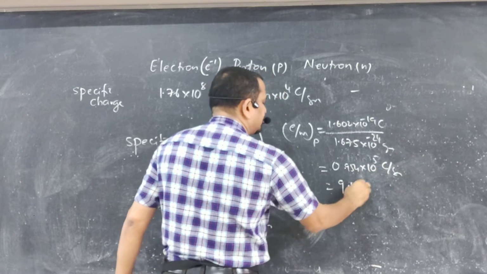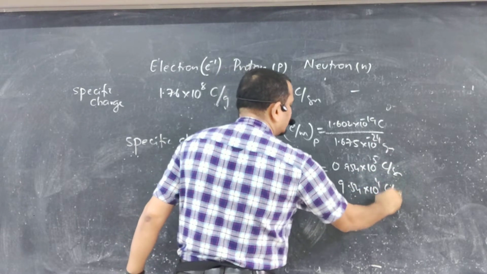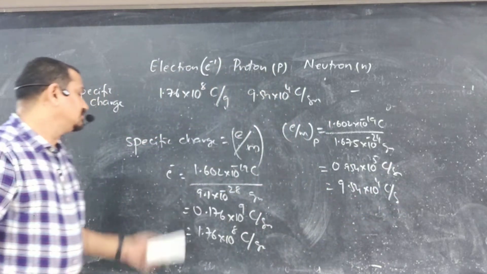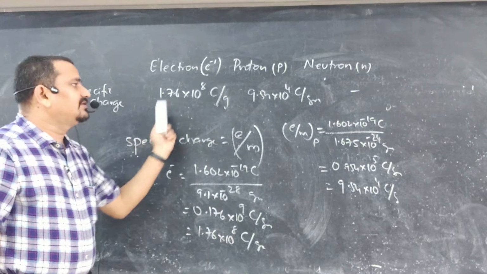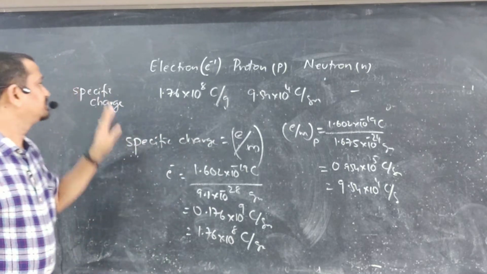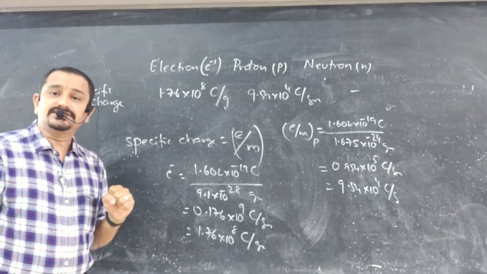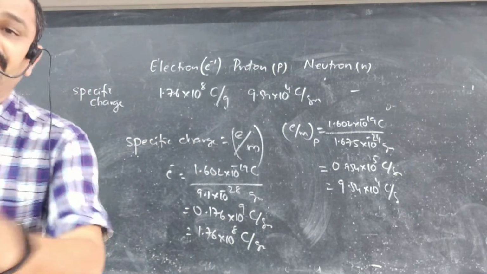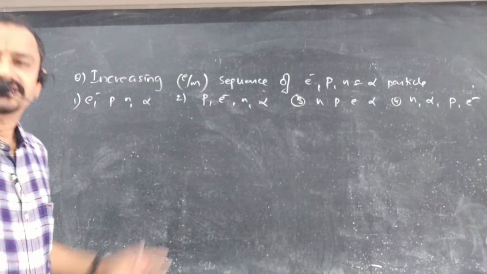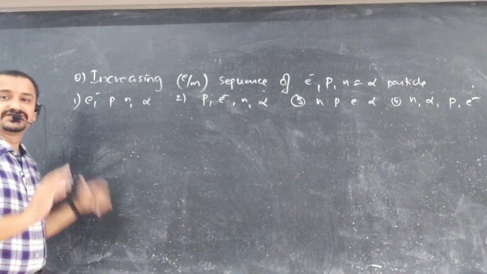On simplification, 9.54 into 10 power 4 coulombs per gram. This is the value. Initially you can practice them, but finally you have to remember these values, specific charge of electron and proton, because a few questions are possible on finding the specific charge. So this is a small question on specific charge.